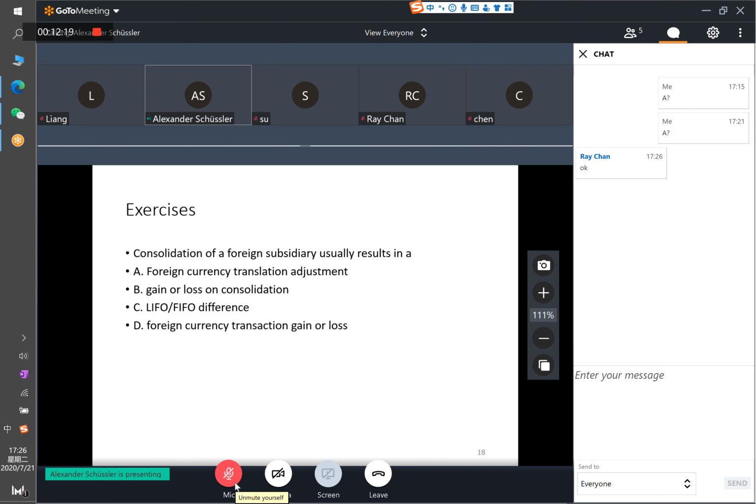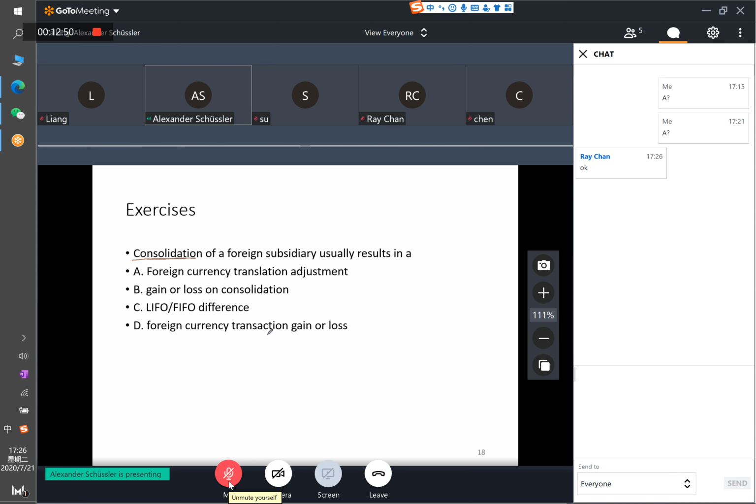Now the next question: consolidation of a foreign subsidiary usually results in a foreign currency translation adjustment, gain or loss on consolidation, FIFO-LIFO difference, or foreign currency transaction gain or loss. Now we're talking about consolidation. In what does it result? We had the foreign currency transaction gain or loss.